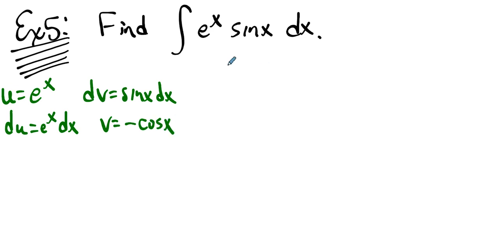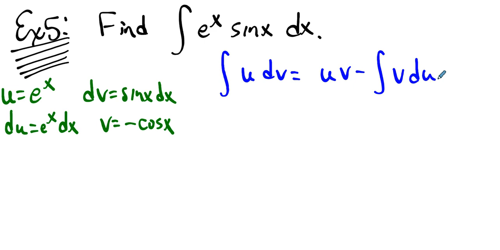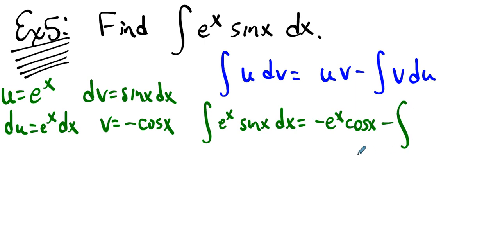So we try by formula. The integral of u dv is uv minus the integral of v du. So we ask ourselves, is that easier to deal with than what we had before?